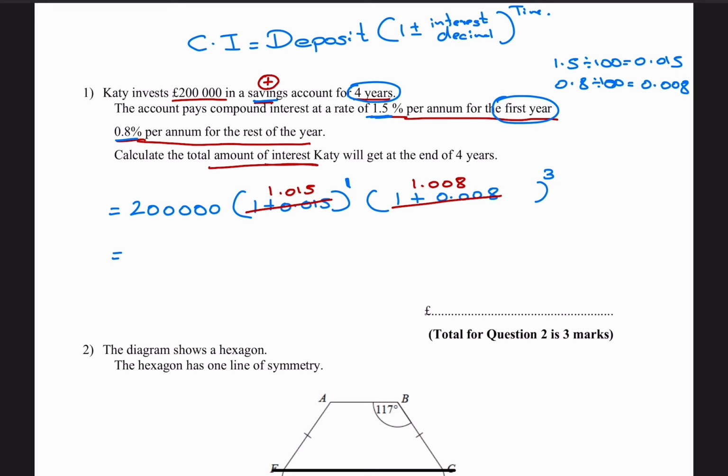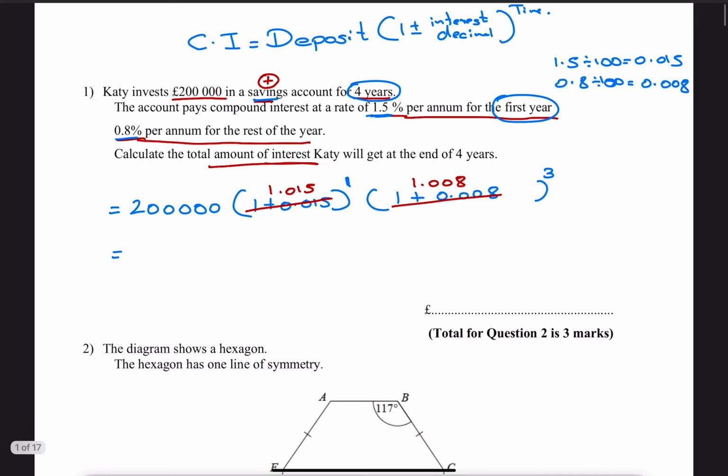That is going to give me 207,911.0799. I need the answer to 2 decimal places, so 0.08. But that will be the total amount that will be in the savings account.